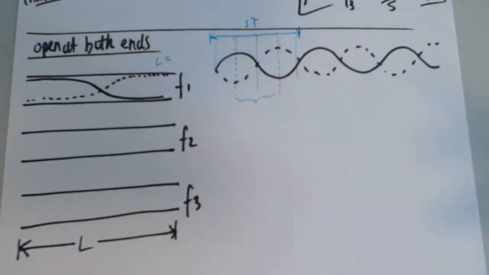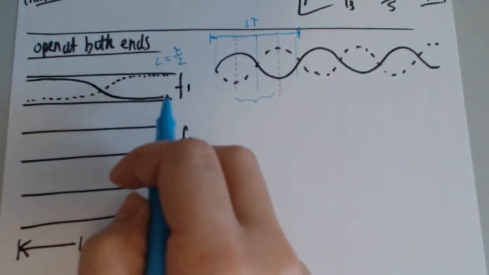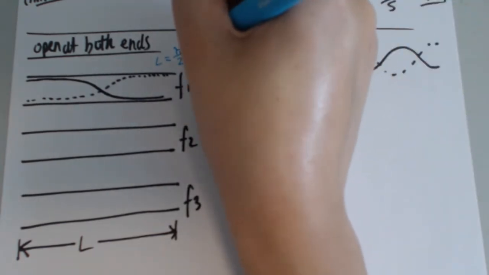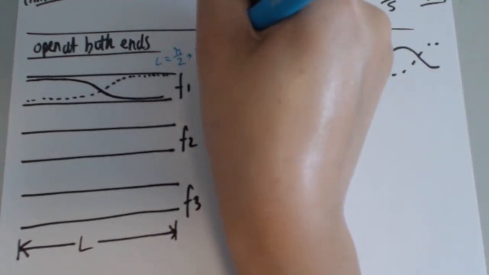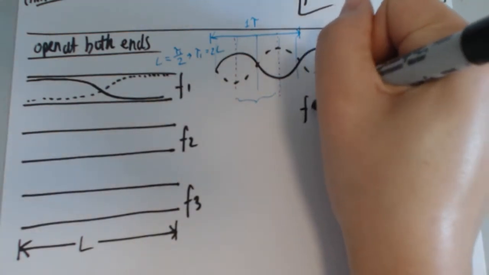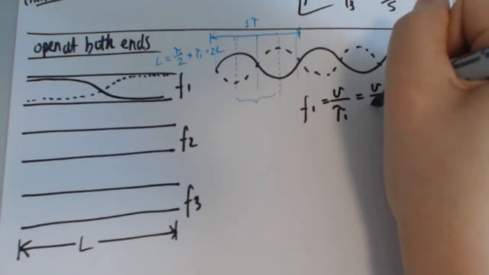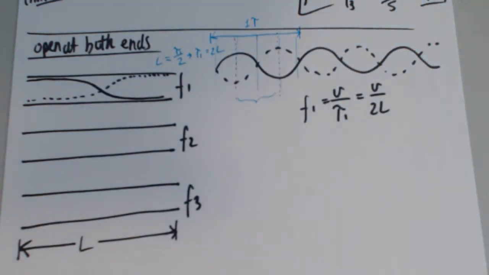So that's half a wavelength. So L is equal to lambda over 2. After all, you have half a crest and half a trough, right? Okay, so we'll call that L is equal to lambda 1 over 2. So therefore, lambda 1 is equal to 2L. Okay, with that in mind, F1 is equal to V over lambda 1. So that's V over 2L.